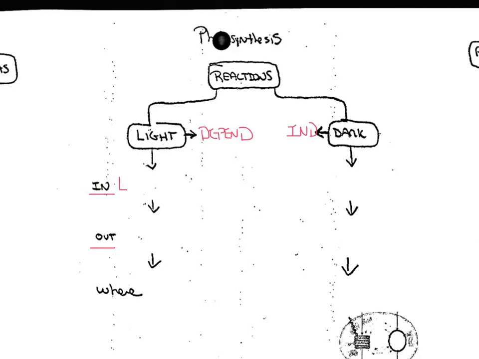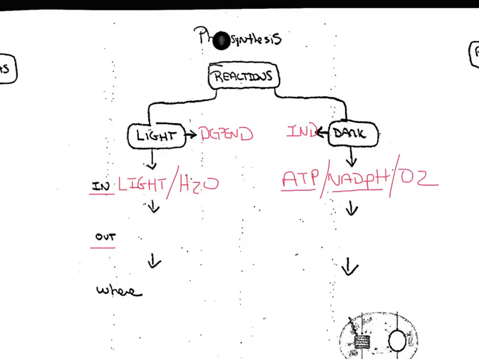So what goes into the light reaction is obviously sunlight, and then water. What comes out of the process will be ATP, NADPH, and oxygen. Remember, ATP, NADPH are going to be used in the dark reaction.